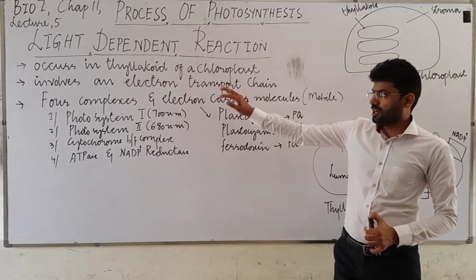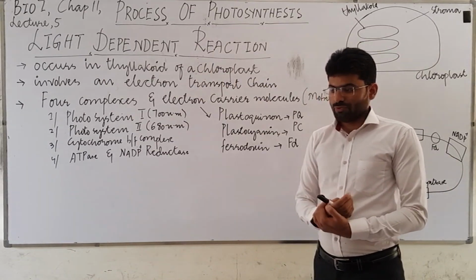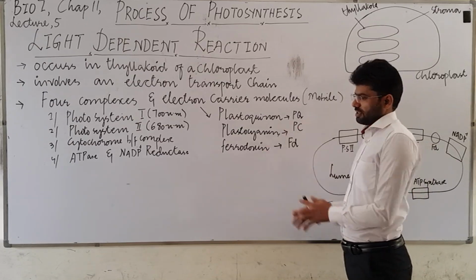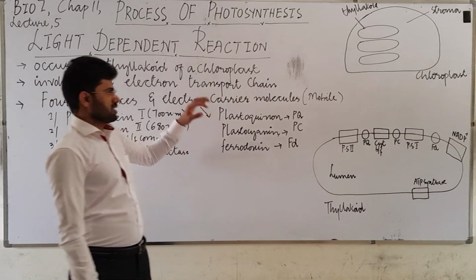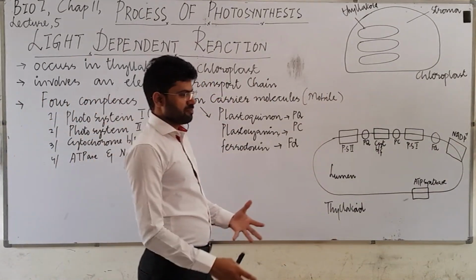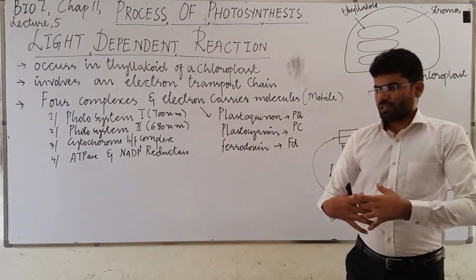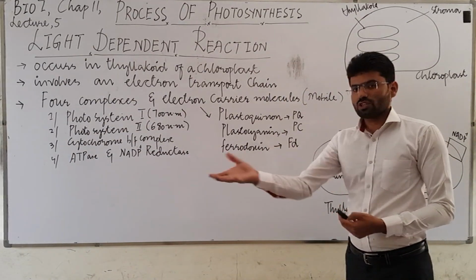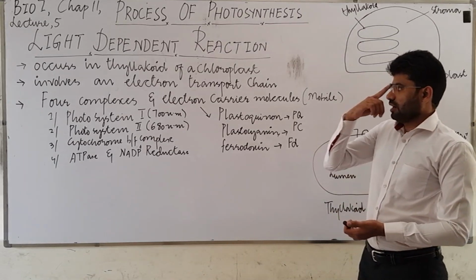So now we are going to start the light dependent reaction, the first biochemical reaction of photosynthesis. As I was saying, it is called the light dependent reaction because it requires sunlight for the excitation of the electrons of the chlorophyll molecule.